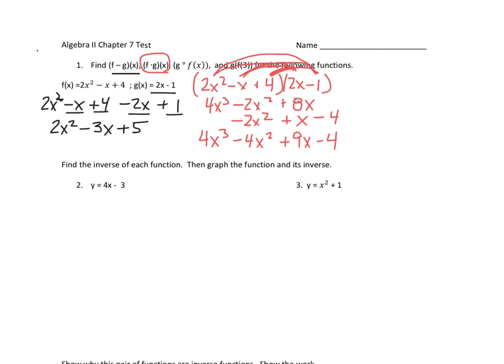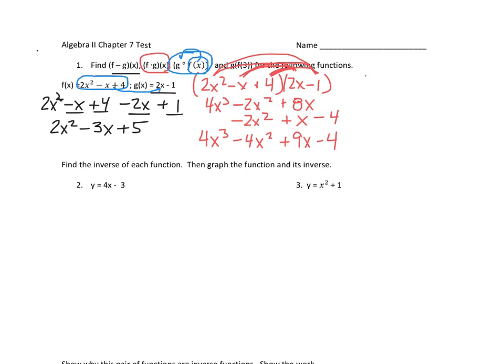All right, then the next problem is to do composition of functions. This is an open dot. This means that I'm going to put f of x into g of x, in for the x.